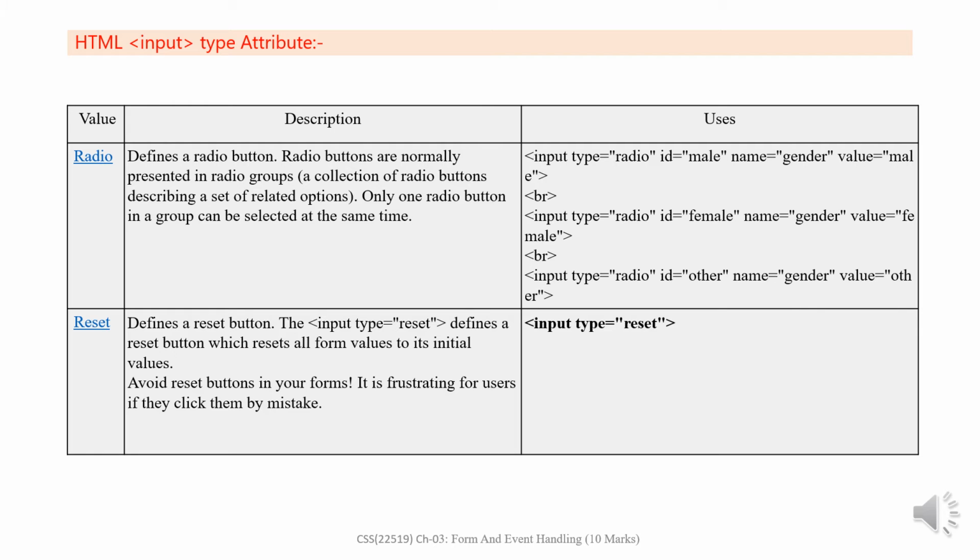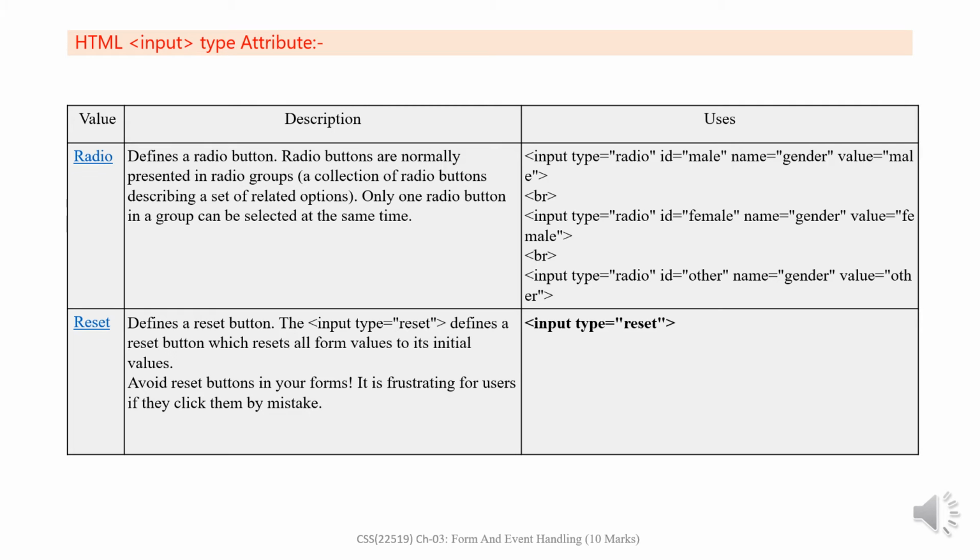We can use this as input type equal to radio, id equal to male, name equal to gender, and value equal to male. The second radio button is input type equal to radio, id equal to female, name equal to gender, and value equal to female. And the third is input type equal to radio, id equal to other, name equal to gender, and value equal to other.